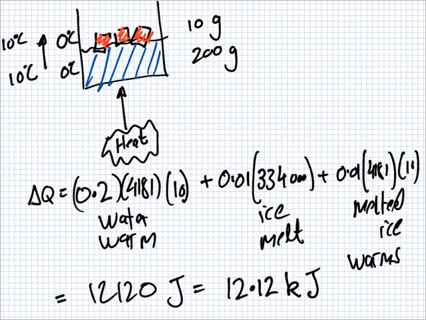What is the 4181 value for? 4181 is the heat capacity of water. Okay, continue. And 334000, that's here somewhere.